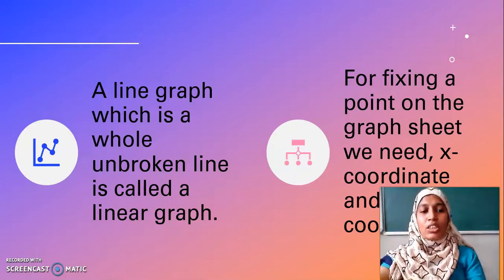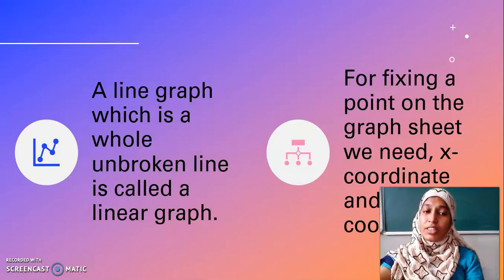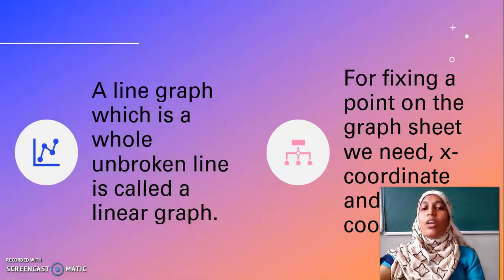To fix points on the graph sheet, we should know two things. What is the new word that we learned in the previous session? We learned coordinates. How many coordinates do we have? X coordinate and Y coordinate. Who introduced this coordinate system? Very good. Are you answering me?